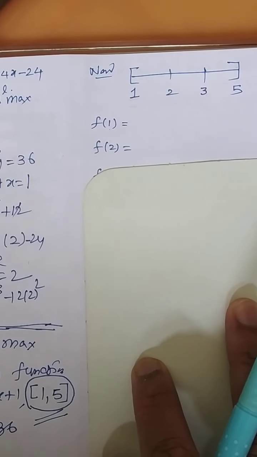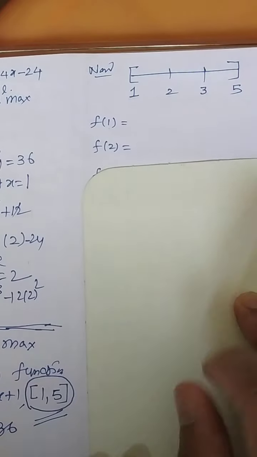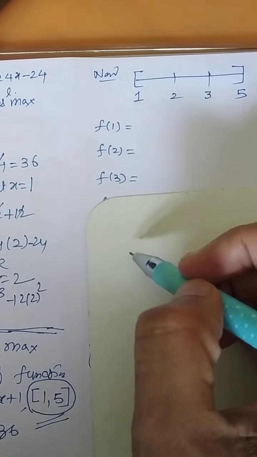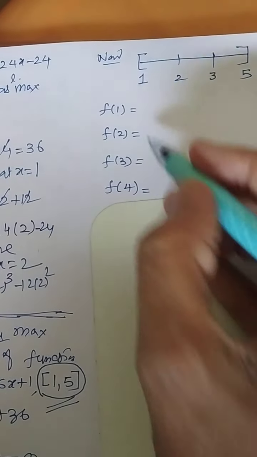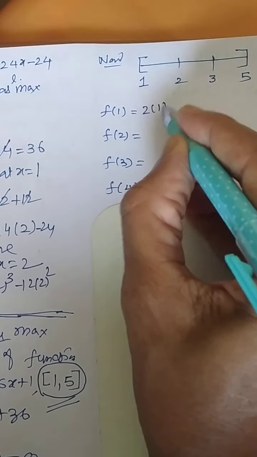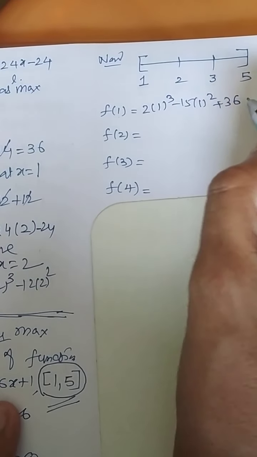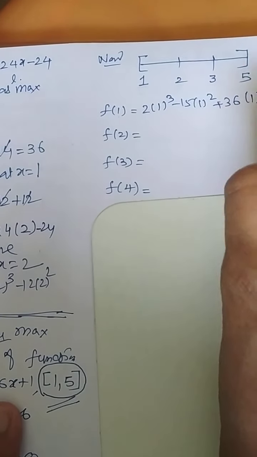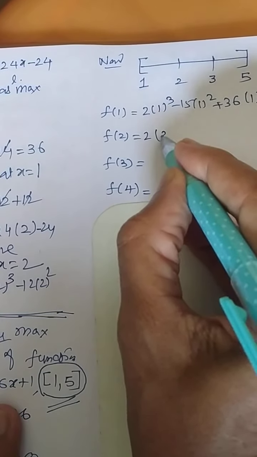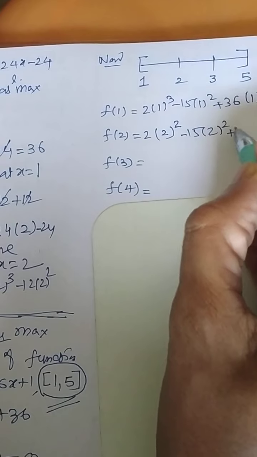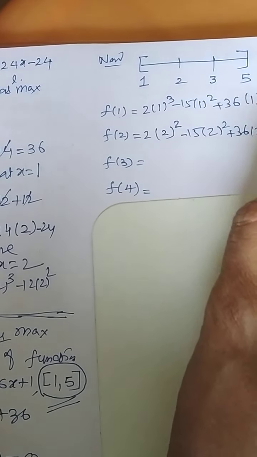Now, how will you proceed? You try to find the function value at every point: f of 1, f of 2, f of 3 and f of 5. That means I should write 1 over here. It will be 1 cube minus 15 times 1 square plus 36 times 1 plus 1. Similarly, you can replace f of 2: 2 cube minus 15 times 2 square plus 36 times 2 plus 1.